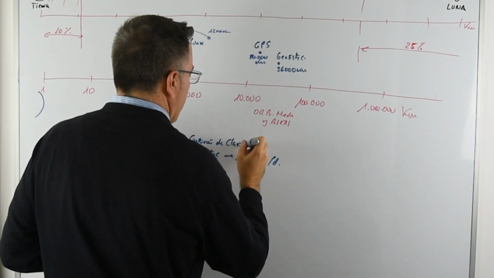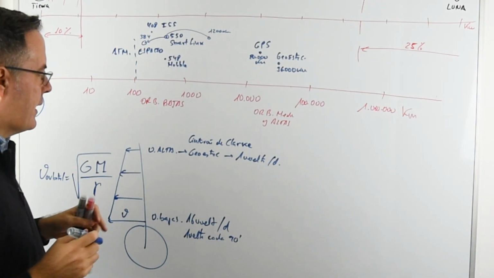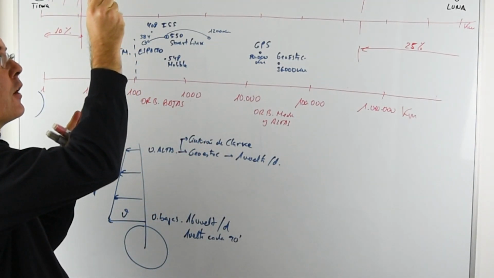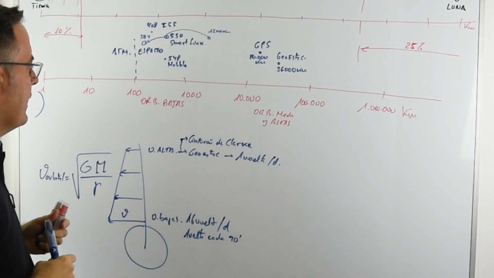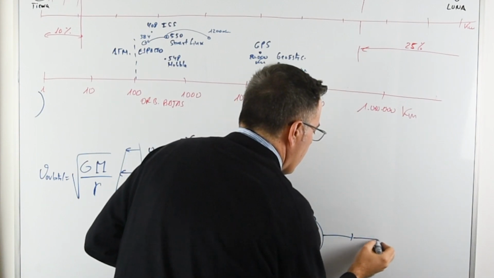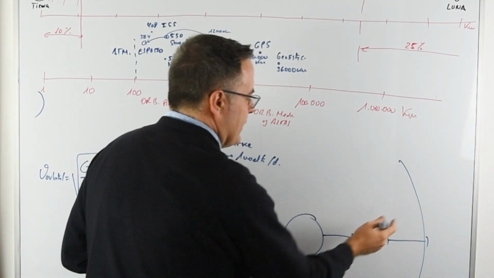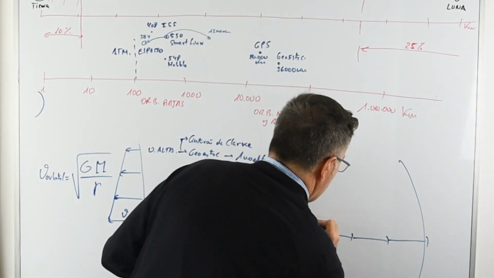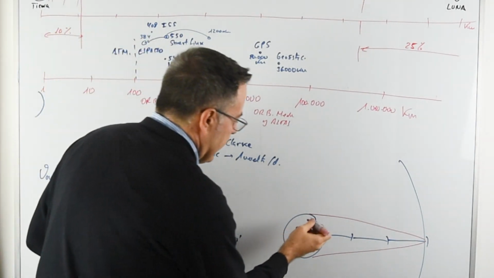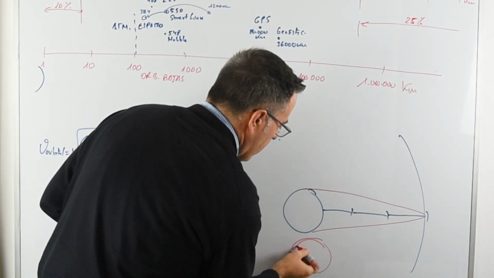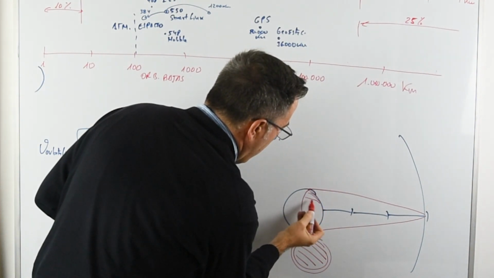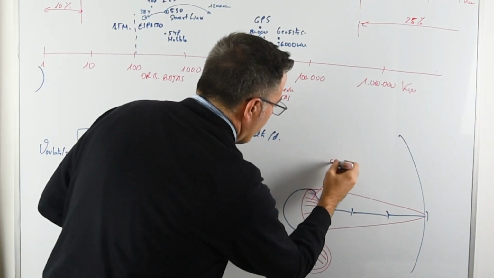In the Clark orbit, the good point is that with this high distance, we can cover 40% of the surface of the Earth.